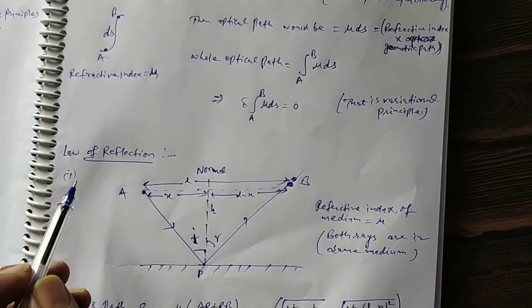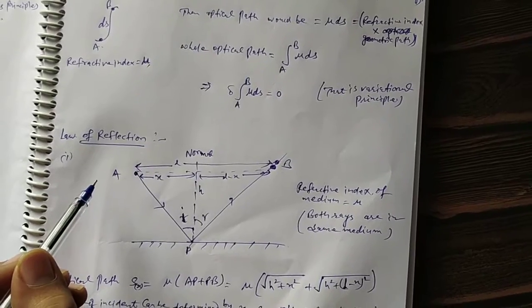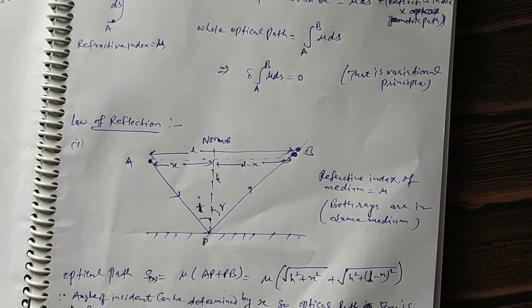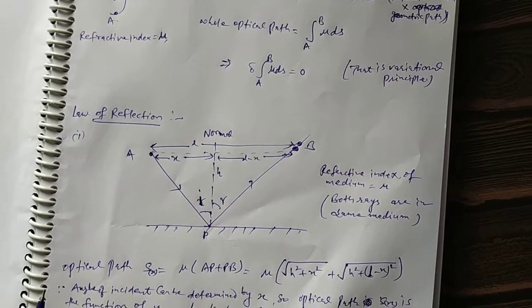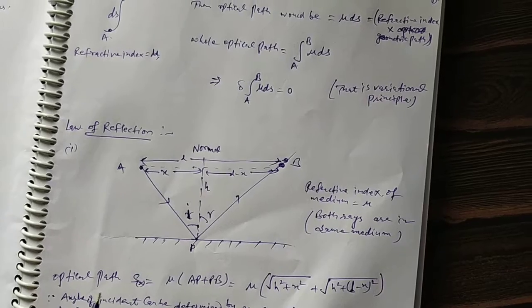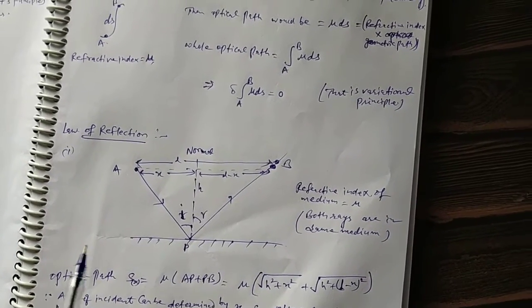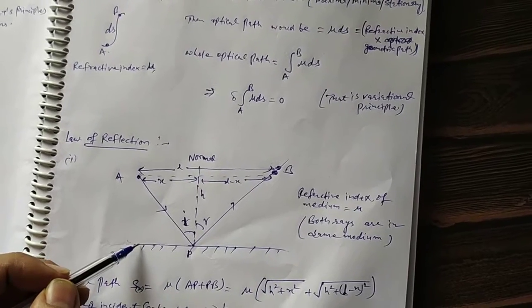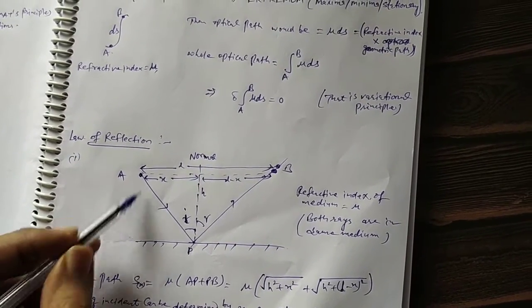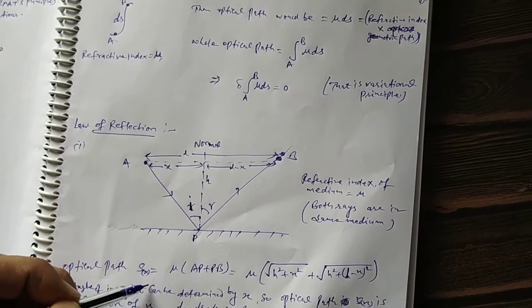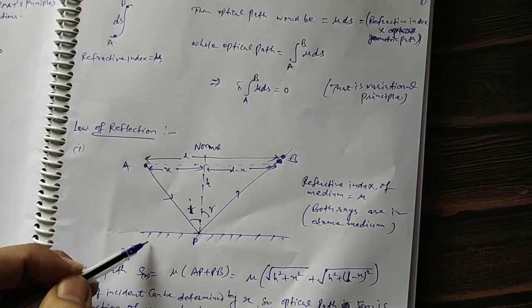Now the law of reflection. We derive the law of reflection formula by using Fermat's principle. Here is the plane. Above it there is one medium, and below it another medium.